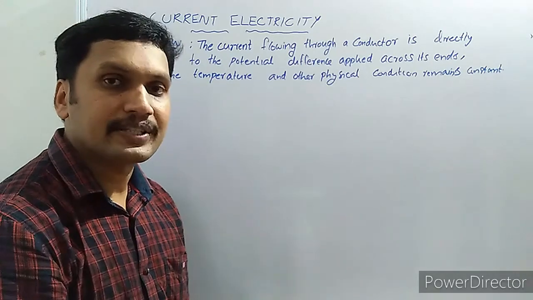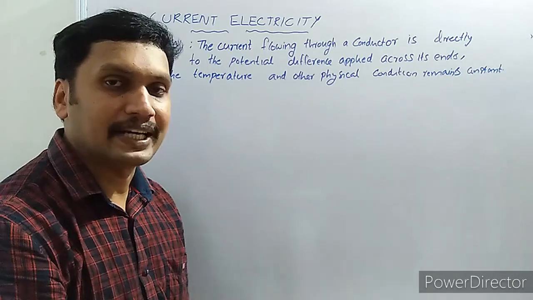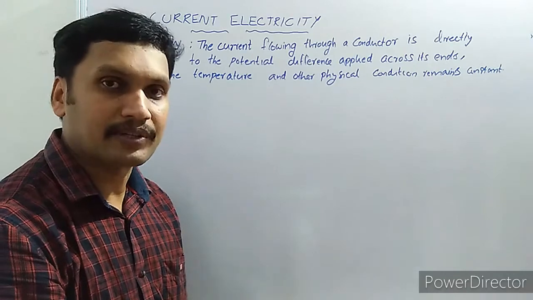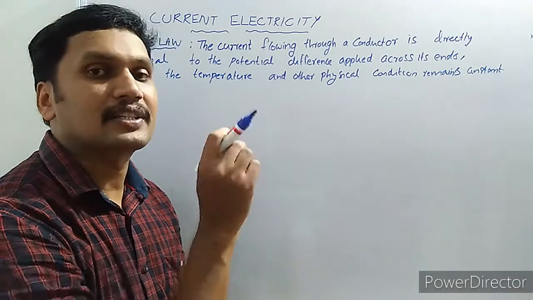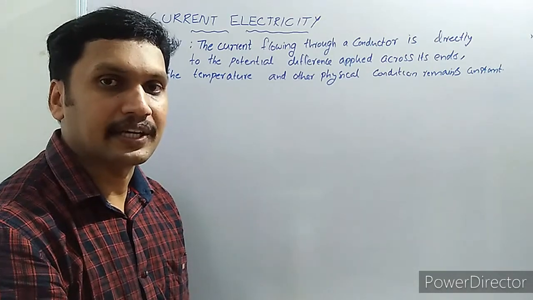According to Ohm's law, the current flowing through a conductor is directly proportional to the potential difference between the ends of the conductor.